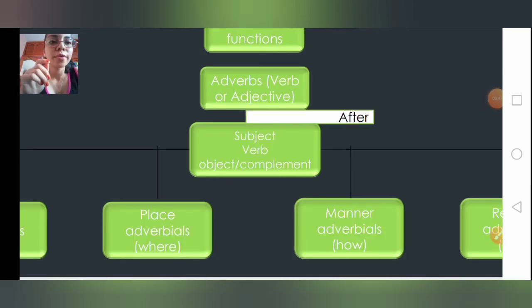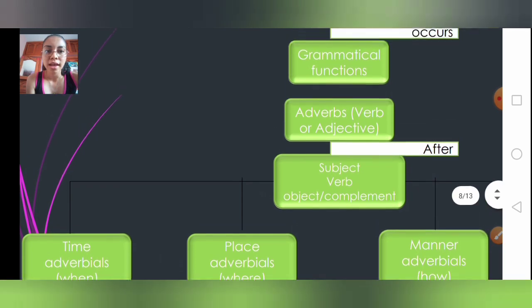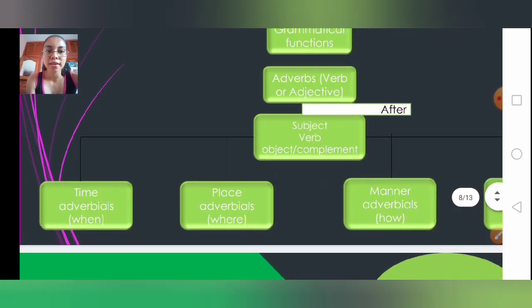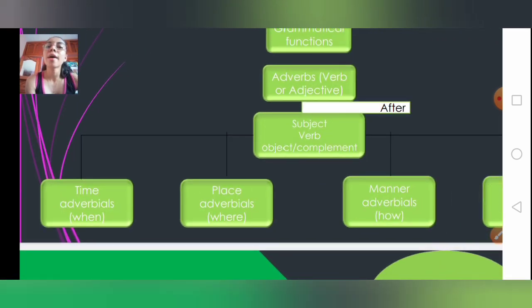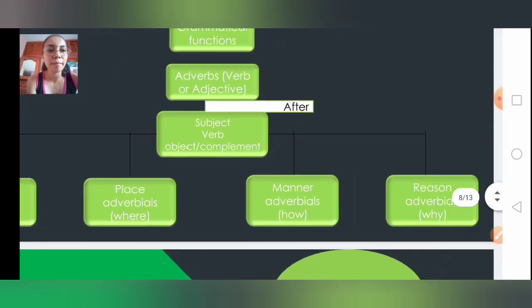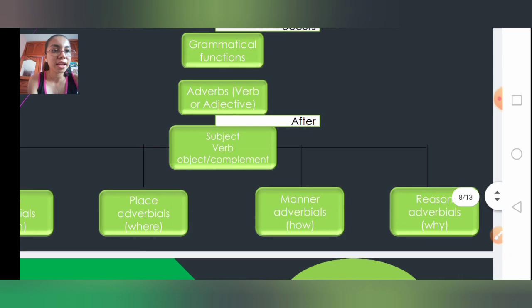These appear after the subject, verb, and object complement. And the adverbials are often subclassified into time adverbials, place adverbials, manner adverbials, and reason adverbials.